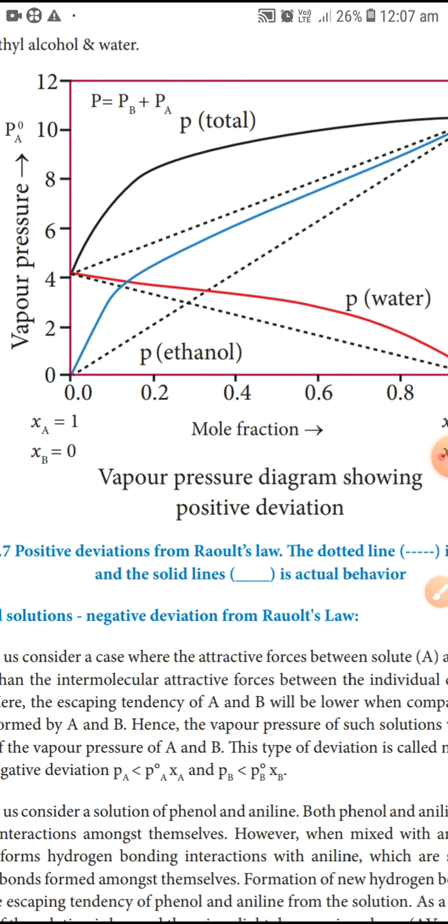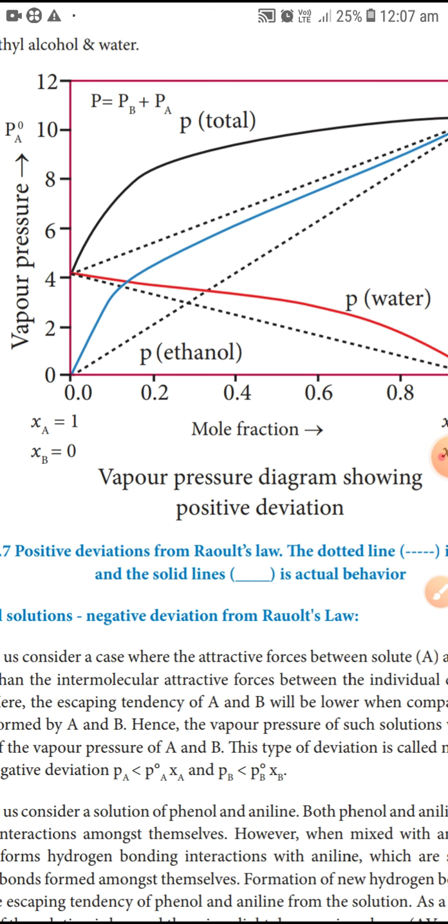However, when mixed with aniline, the phenol molecule forms hydrogen bonding interaction with aniline, which is stronger than the hydrogen bond formed among themselves. The formation of new hydrogen bonds considerably reduces the escaping tendency of phenol and aniline from the solution. As a result, the vapor pressure of the solution is less.